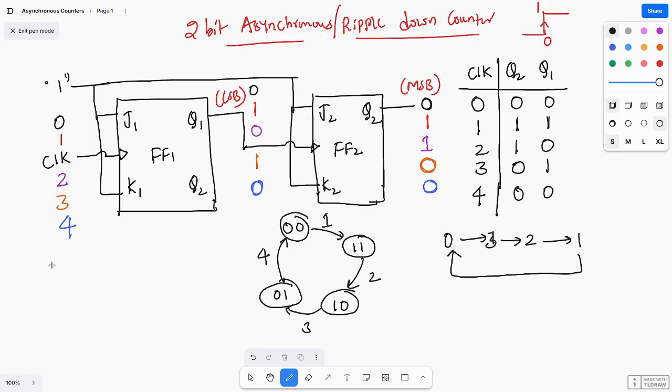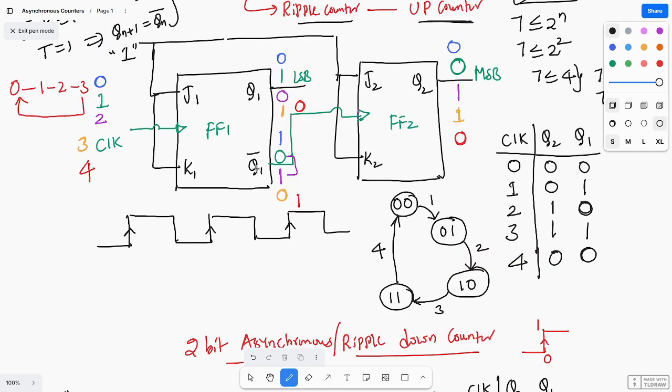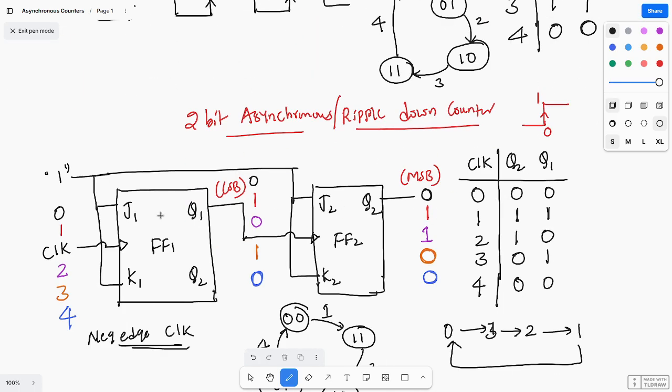Suppose it is the negative edge of the clock. If it is the passage of the clock, when I am designing the up counter, I give Q bar as the clock to the next flip flop, and if it is a down counter, I need to give Q1 as the clock to the next flip flop.